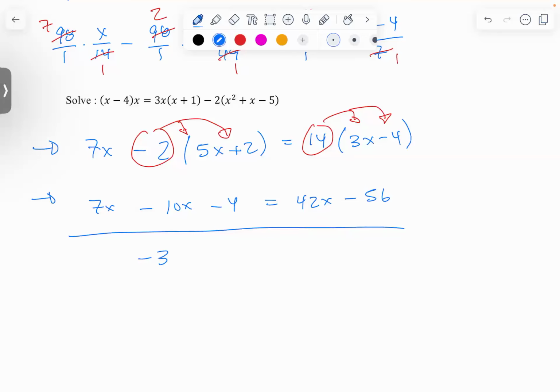7x minus 10x makes negative 3x minus 4 equals 42x minus 56. Get the numbers to one side. And again, we're just so familiar with bringing the x's to the left side, but you can move it either way.